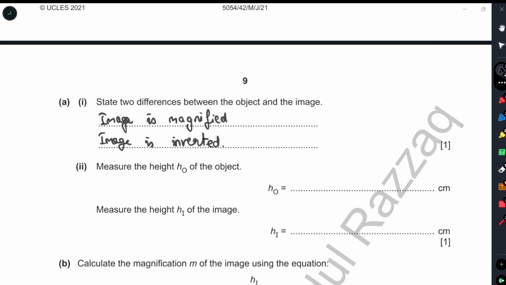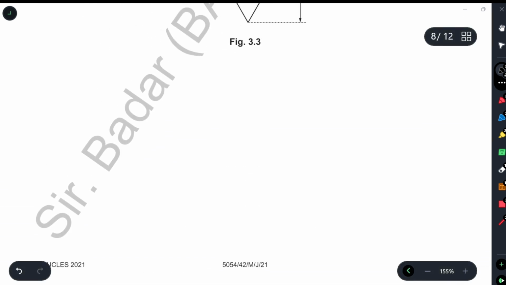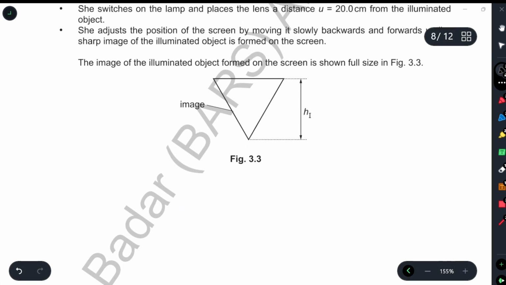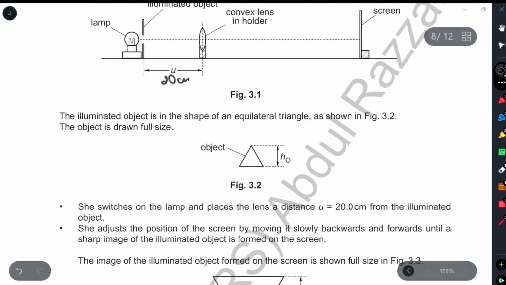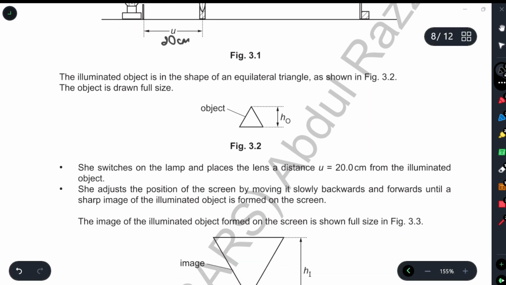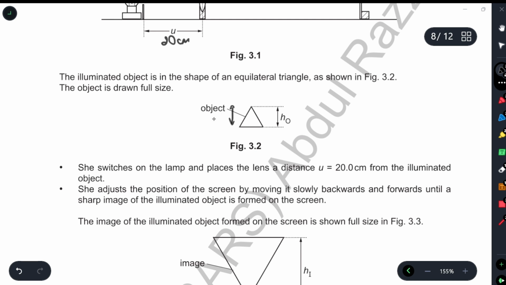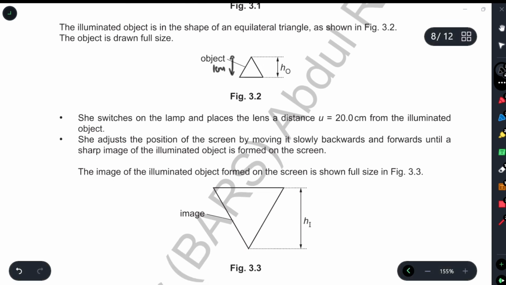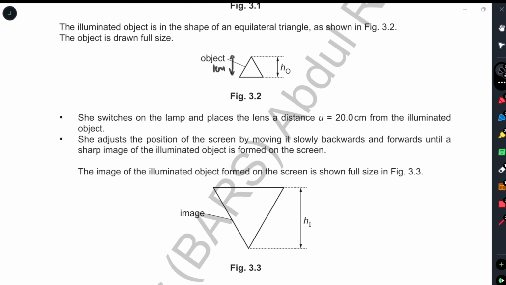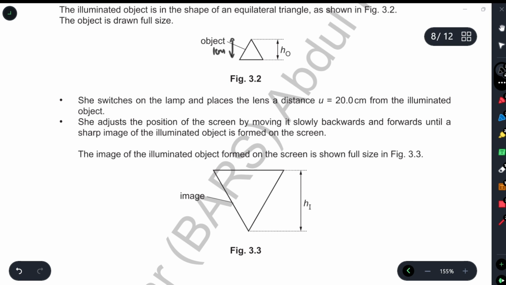Measure the height of the object and the image. Now, of course, this is like 150% of the correct value. So I'm only going to assume values over here. I'm not exactly sure whether they are going to be right or wrong. But मैं assume करता हूँ कि this looks very similar to 1 centimeter. So I'm going to say कि भाई ये 1 centimeter होना चाहिए. And this looks very close to approximately maybe 2.5.